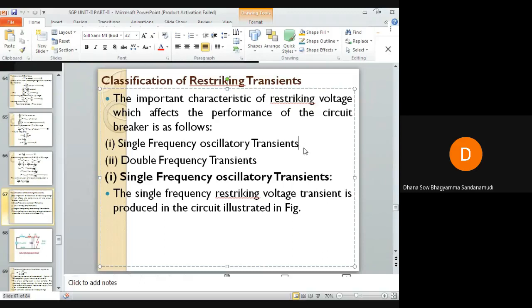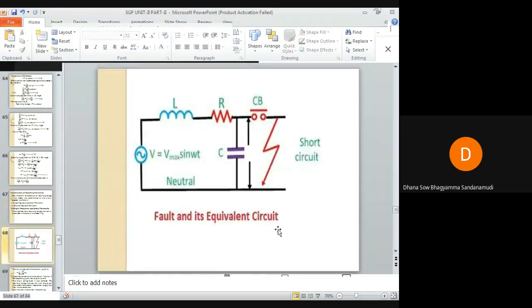Let us see the single frequency oscillatory transients. The equivalent circuit for single frequency transient is this one, the same circuit which we have already utilized to derive the restriking voltage expression.